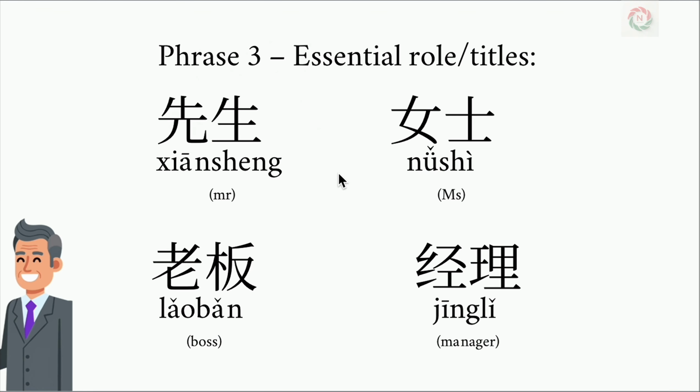So you say Li and then add 先生, Li 先生, Miss Li, 李女士. For 老板 Li, 李老板, that's boss Li. And manager Li, 李经理.